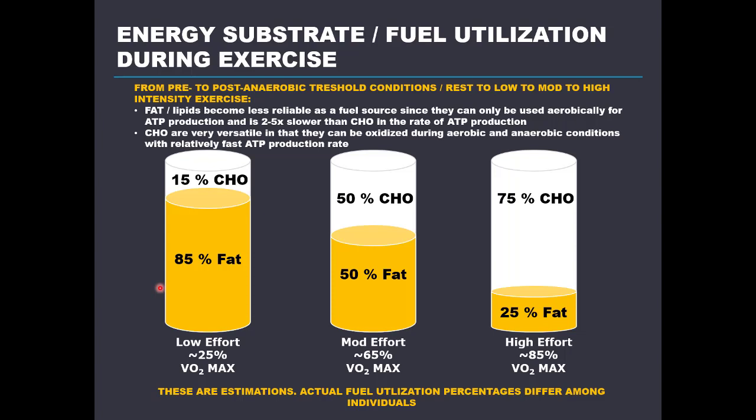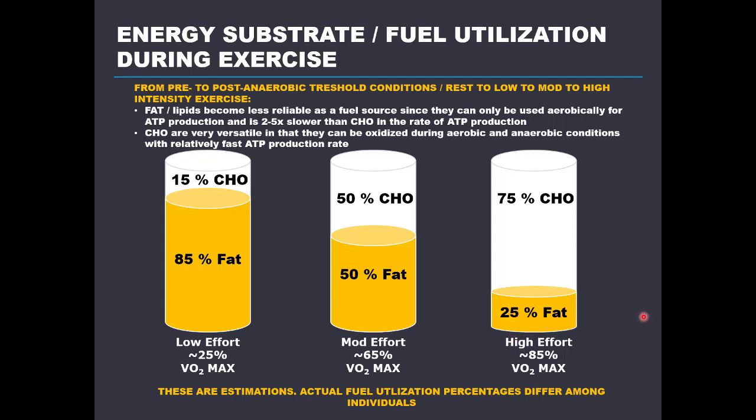So at rest to low intensity exercise, when the rate of ATP demand is low, fat can be utilized as a fuel, since this is not a situation in which muscles need a high rate of ATP production. But as intensity increases, the ATP demand rate in active muscles increases, and thus fat becomes less of an efficient fuel source, because again, it provides ATP at a relatively slower rate than carbohydrates.